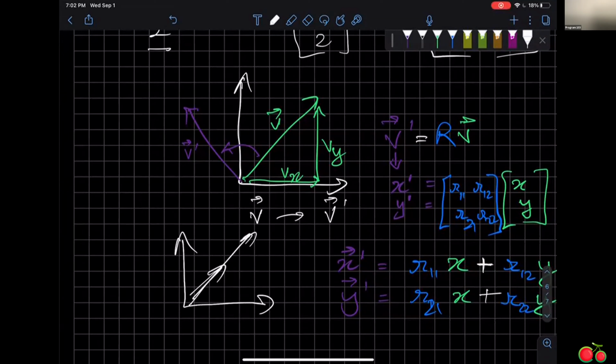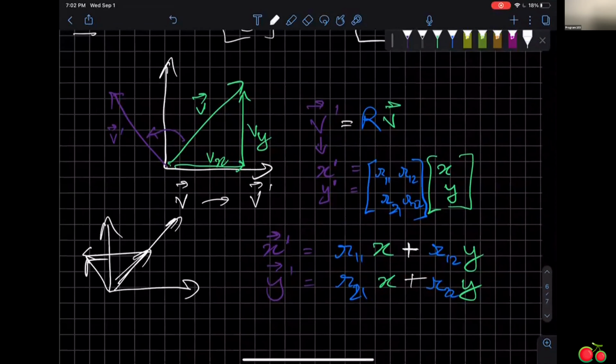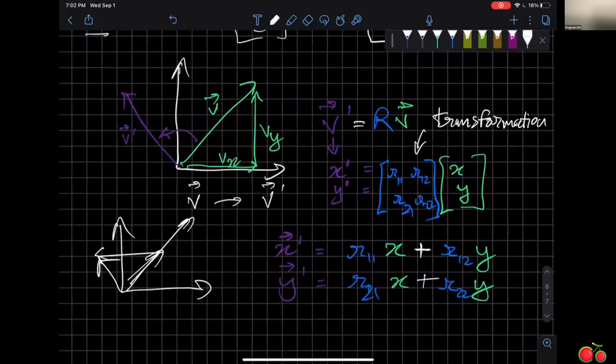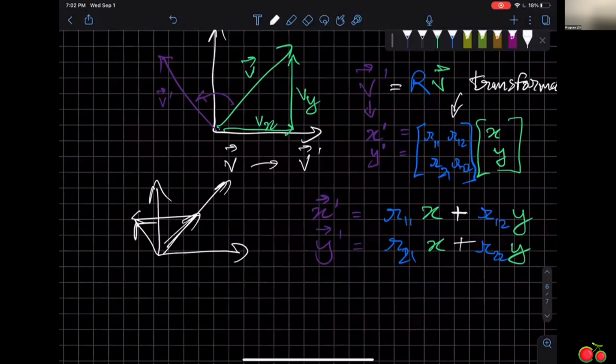But if you want to move it horizontally, right? So this is called a transformation, okay? And there are many different types of transformations that you can do. Rotation is just one transformation. Another transformation is reflection, right?